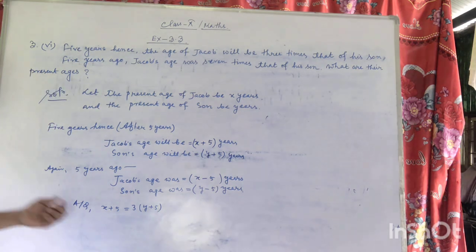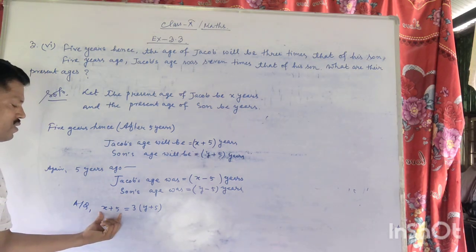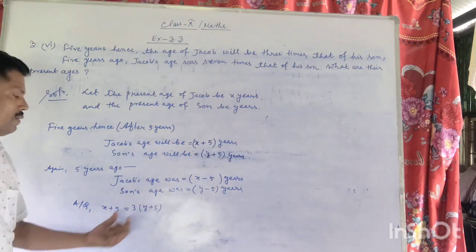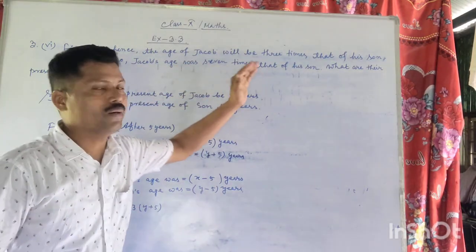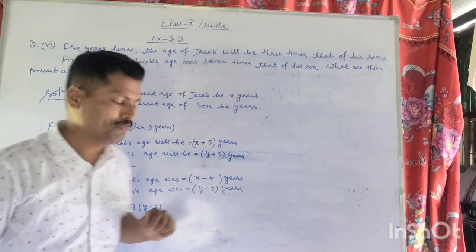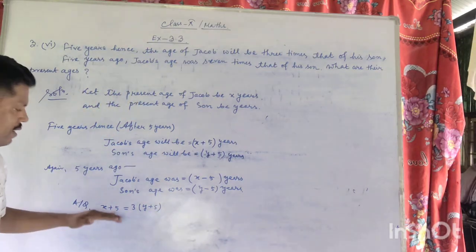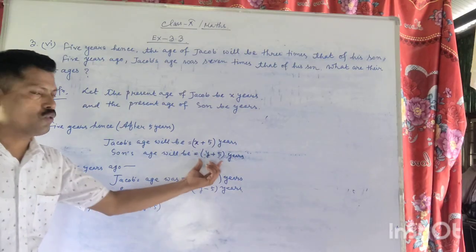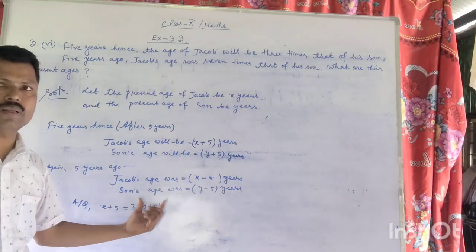So we have to write like this: X plus 5 is equal to 3 into son's age after 5 years.